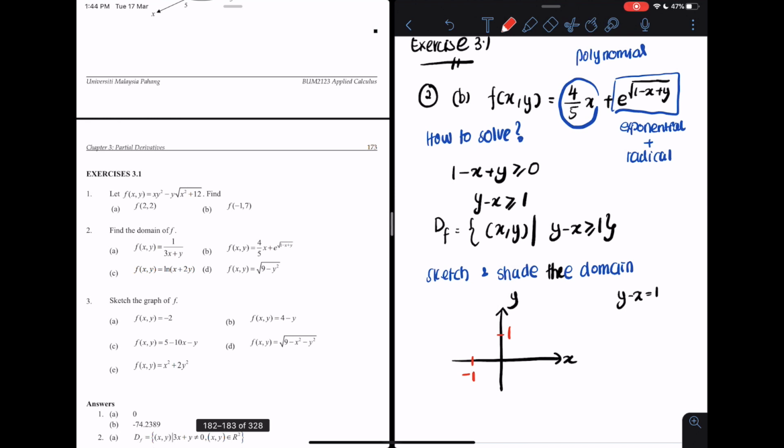And I should have a solid line instead of a dashed line, the reason being that I have a larger than or equal to inequality. So based on the inequality, I will shade this region instead. You can choose any possible values x, y within the shaded region. If you choose values of x and y in a different region, you will end up with undefined values.